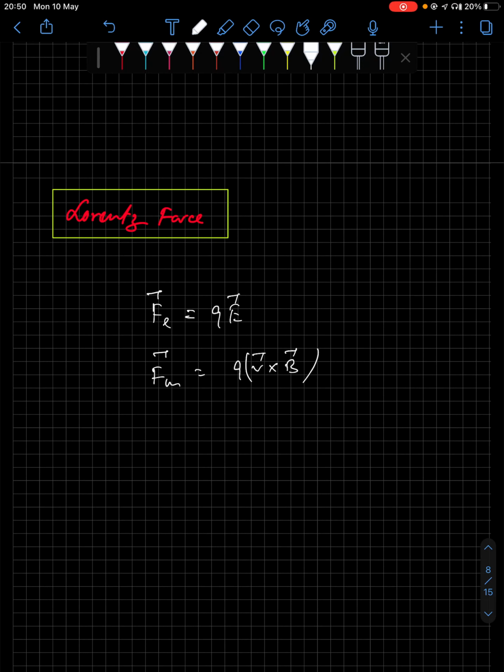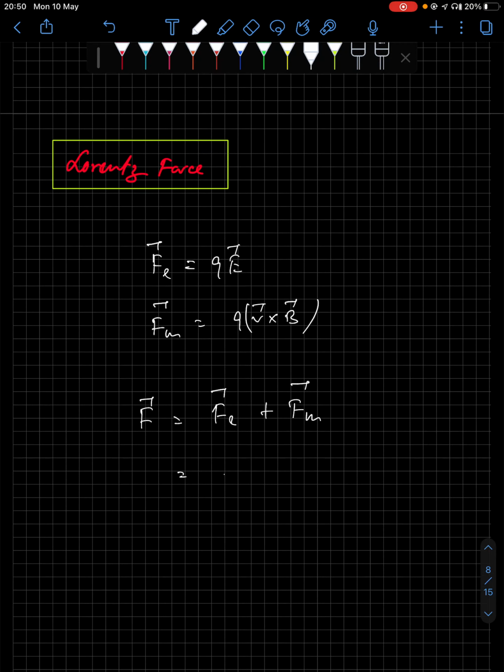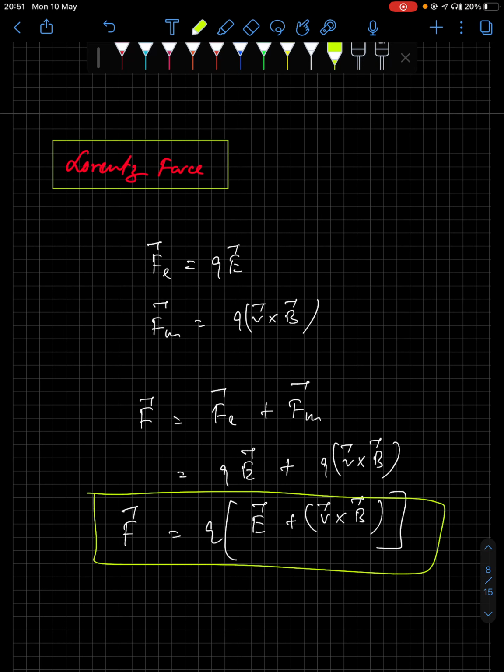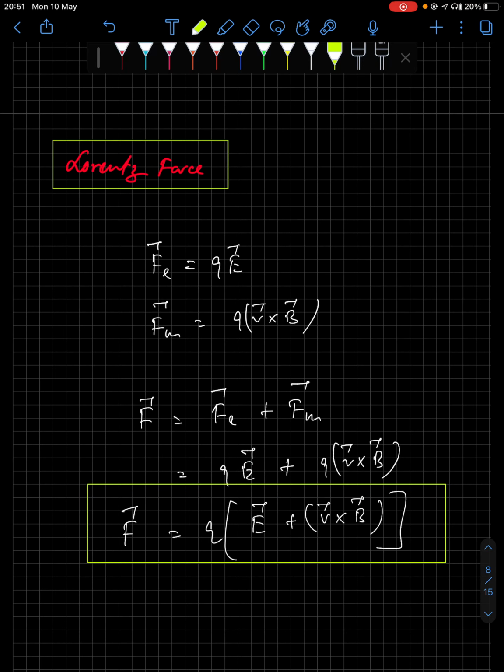The net force, Fe plus Fm, is what you call the Lorentz force. So QE plus QV cross B. Once you take Q common here, you get Q times E plus V cross B. So this is the relation for Lorentz force.